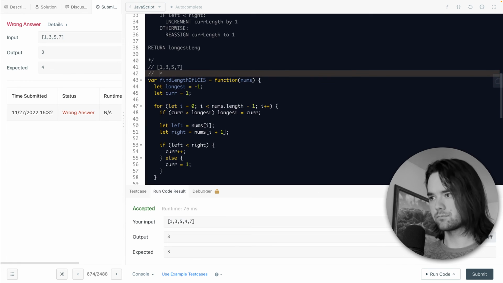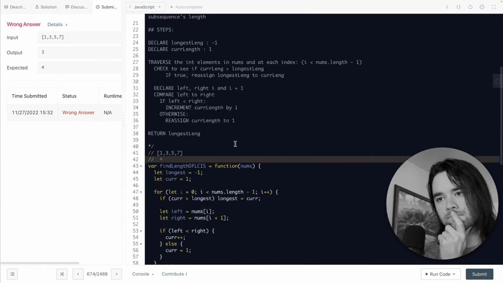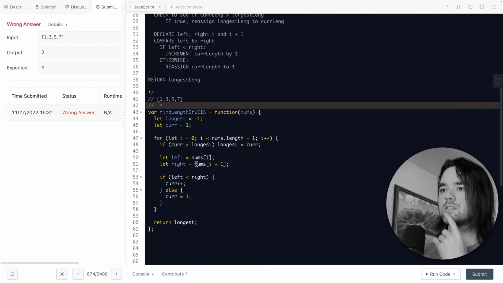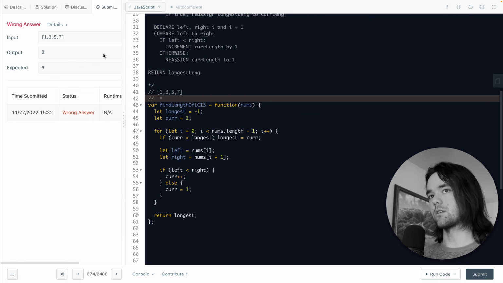Okay, so just close out of there. So essentially we're just traversing the entire array, and for all of them, it is longer. So the values we're comparing are 1, 3, 3, 5, and 5, 7.